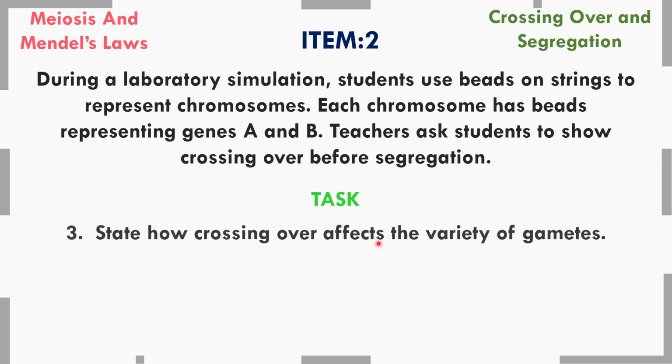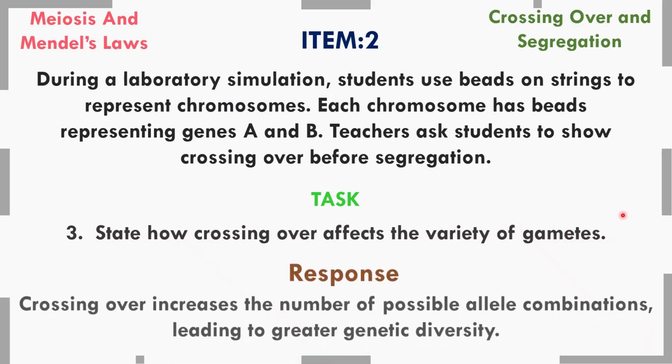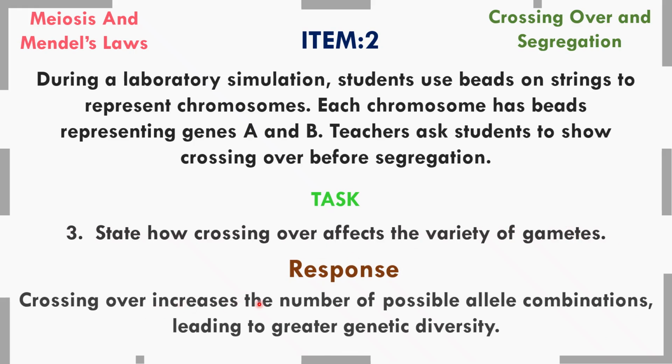State how crossing over affects the variety of gametes. Crossing over increases the number of possible allele combinations, leading to greater genetic diversity.